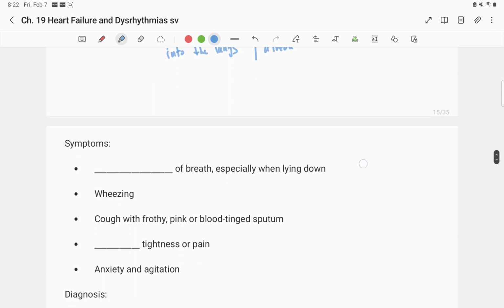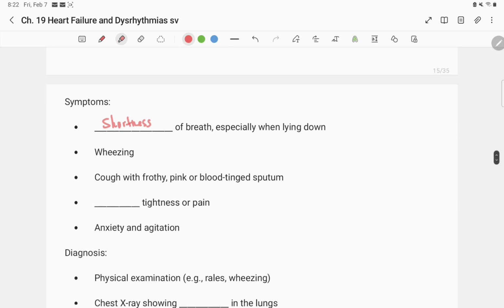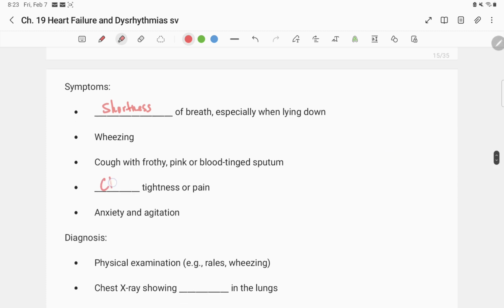Okay, symptoms would be shortness of breath, especially when lying down, wheezing, cough with frothy pink or blood-tinged sputum, chest tightness or pain, anxiety, and agitation.